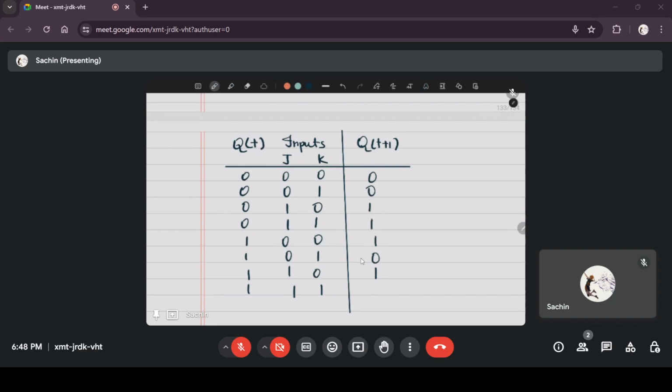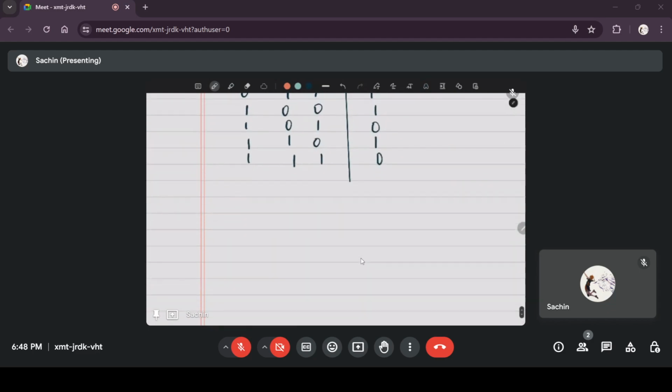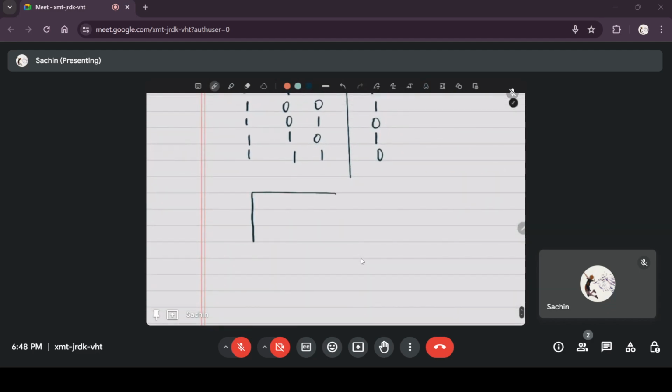And if Q of t is 1, Q of t plus 1 will be 0. From this you can write an excitation table.